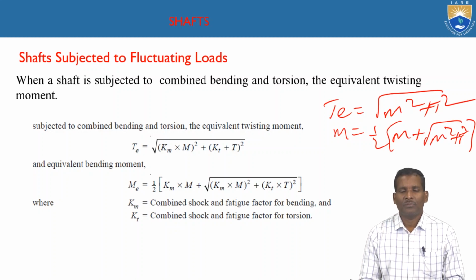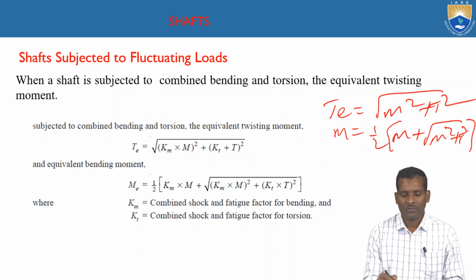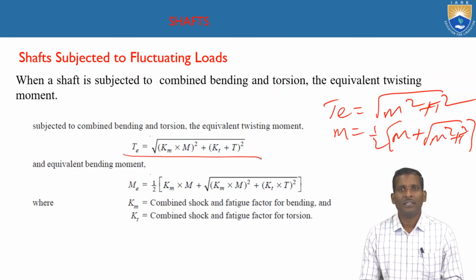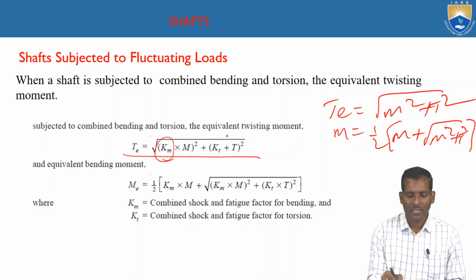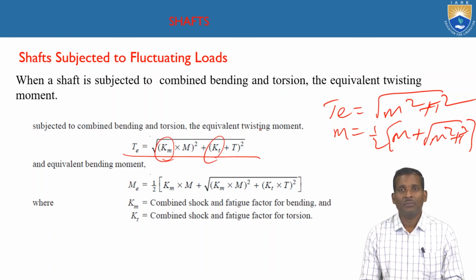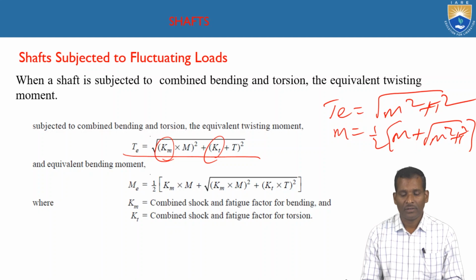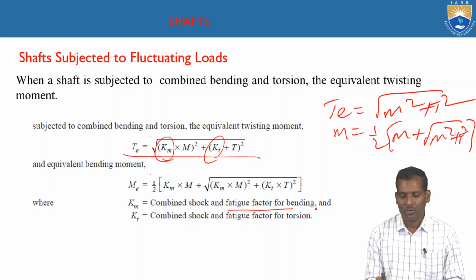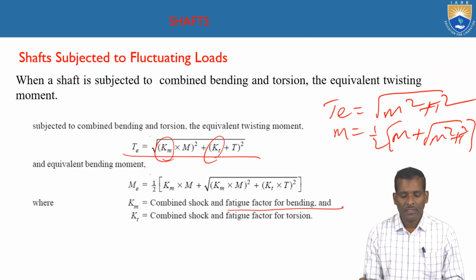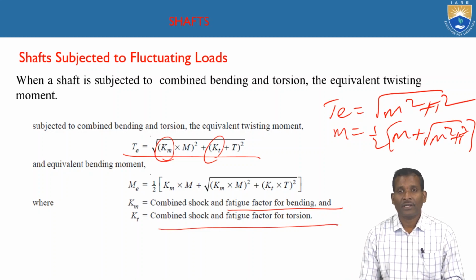When calculating the equivalent twisting moment, we need to multiply by Km and Kt. What are Km and Kt? Km is the combined shock and fatigue factor for bending load, and Kt is the combined shock and fatigue factor for torsion. These depend upon the type of load, and we have to take these values.